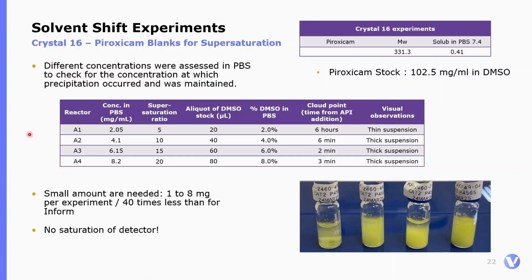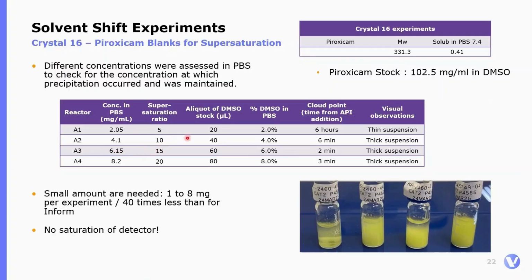The Crystal16 is a powerful tool. It's a heating block with 16 positions, each equipped with an optical sensor that can directly detect the presence or the absence of solids in suspension. This opens the door to running multiple experiments in parallel. In our case, we tested 4 supersaturations without polymers at different ratios.